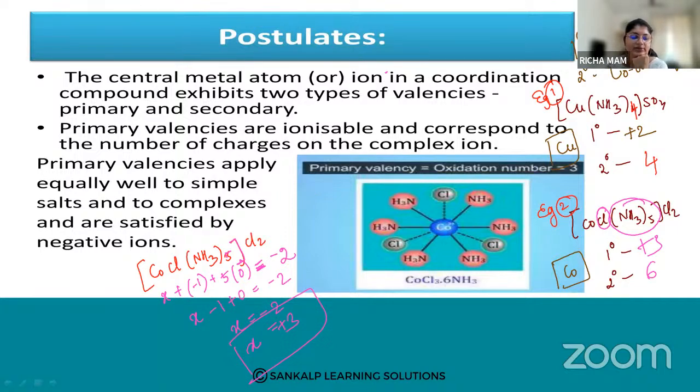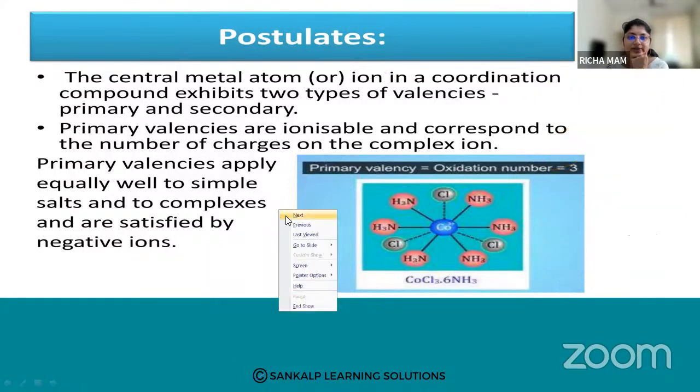So this is about the primary valency and secondary valency. This is clear, so let us go to the next point.